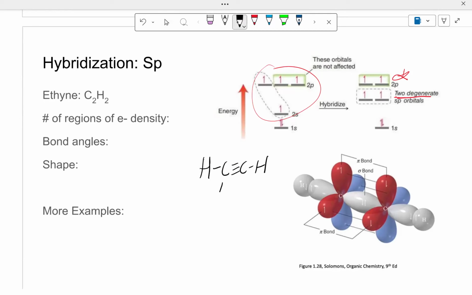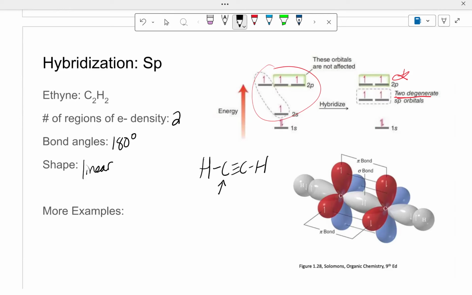Just take a look at this carbon atom here, either carbon, but we'll look at the one on the left. That carbon has 2 regions of electron density. It's got a single bond on one side and a triple bond on the other. When they spread out, they form a bond angle of 180 degrees. So that shape is linear.